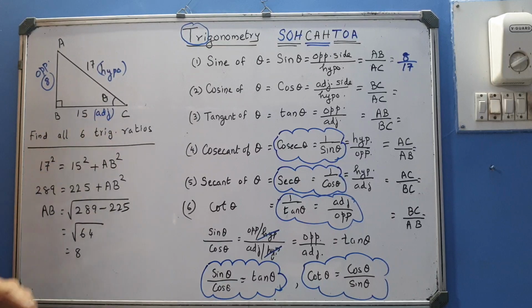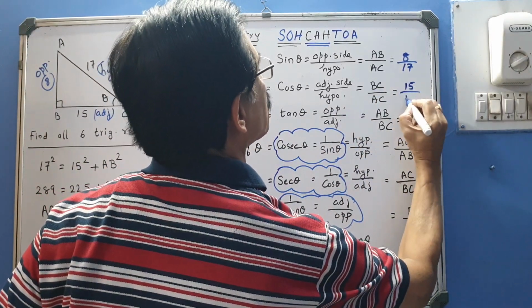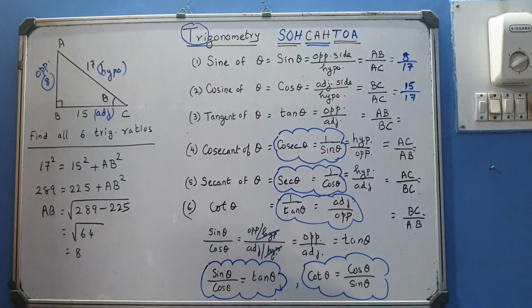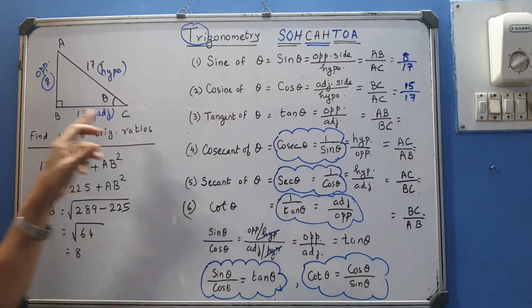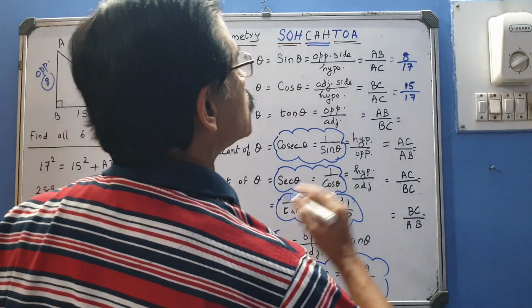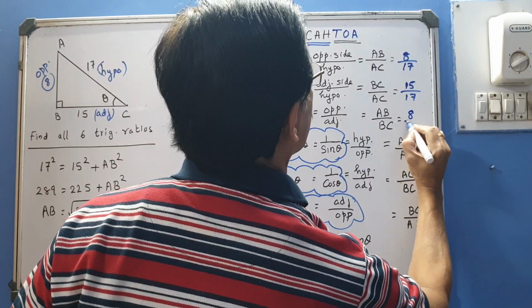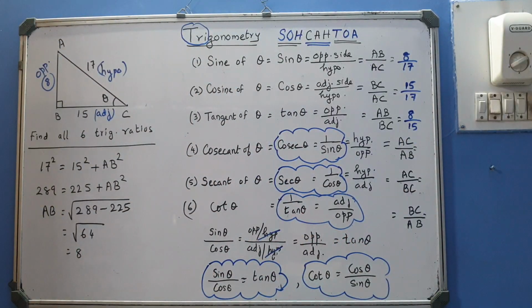Adjacent side BC is 15, so 15 by 17. Now tangent of theta, short form tan theta, is opposite by adjacent. Opposite is 8, adjacent is 15. So 8 by 15.